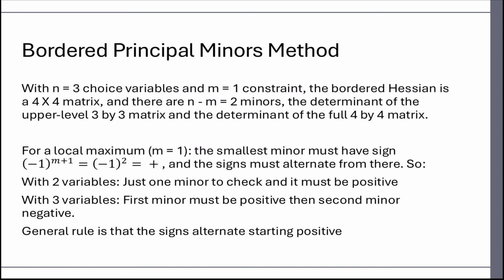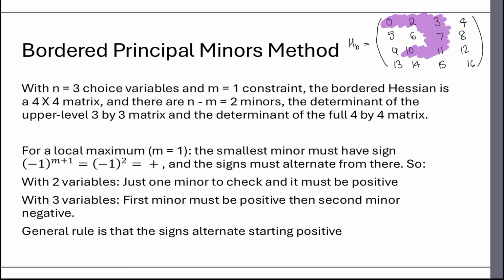That sentence doesn't quite make sense, but what I'm trying to say is we now have to consider a 3 by 3 matrix, and we have to consider the matrix of the whole bordered Hessian. So again, if I now draw a 4 by 4 bordered Hessian, we will work out the determinant of this 3 by 3 matrix, and we will also be working out the determinant of the whole matrix.